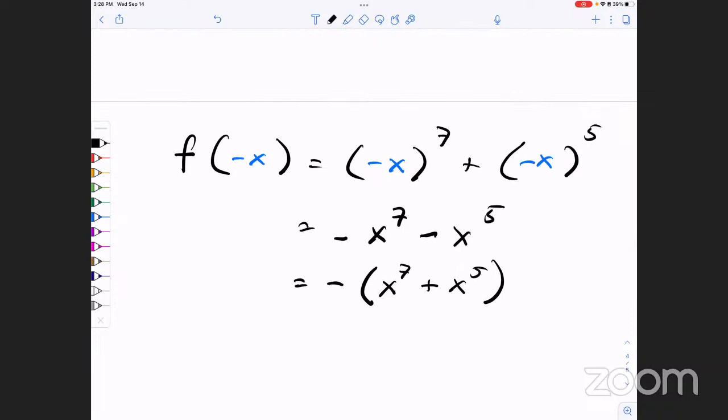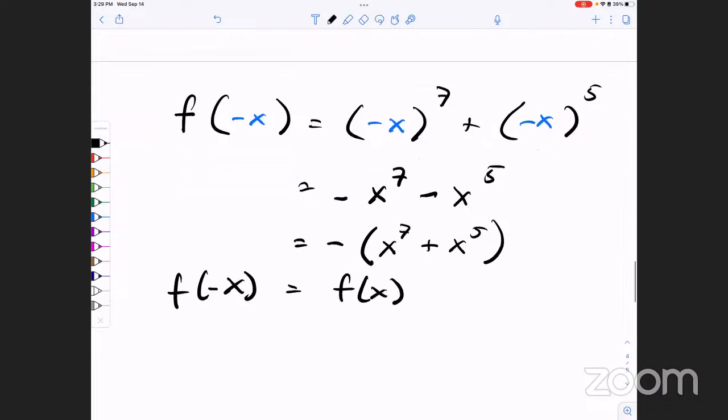We started with f of negative x, and we showed that that's equivalent to, in this case, f of x. When we have that happening, we say this is even. In other words, it should have y-axis symmetry.